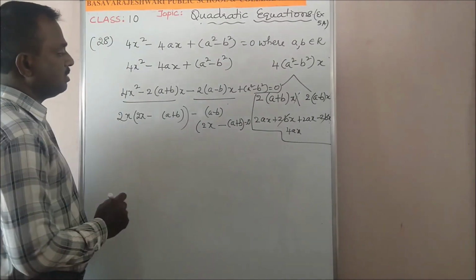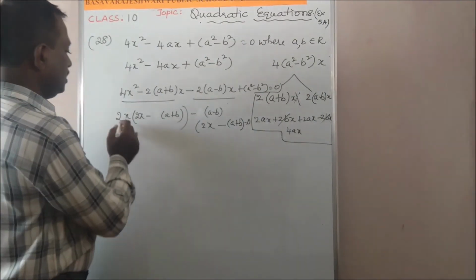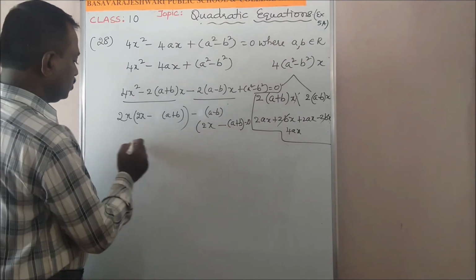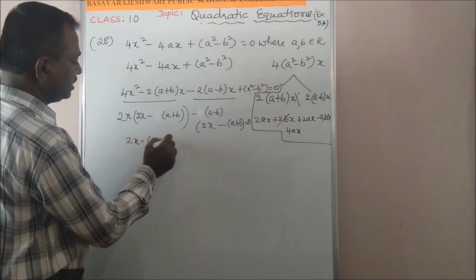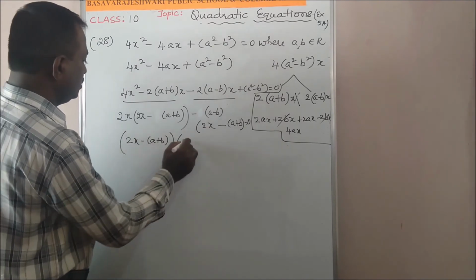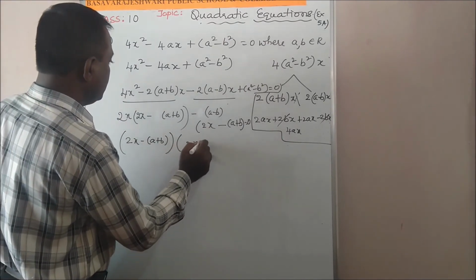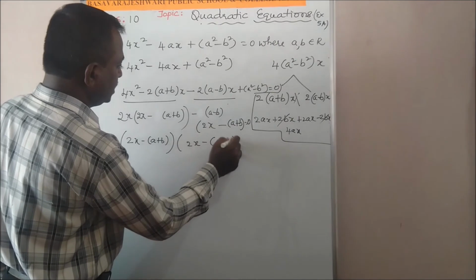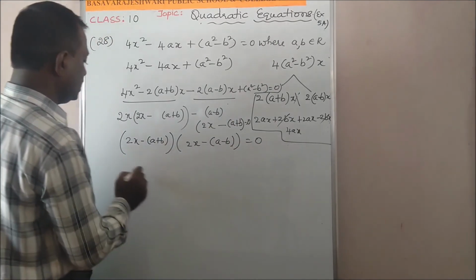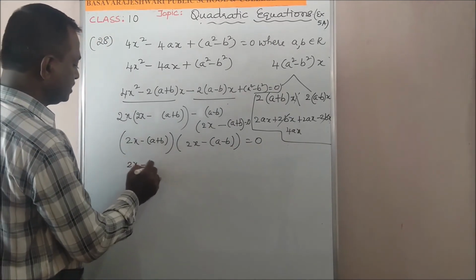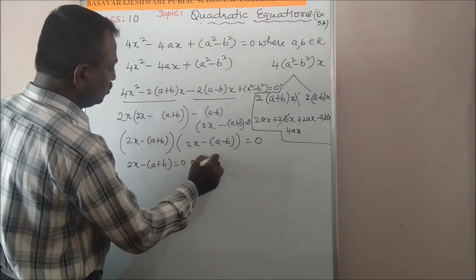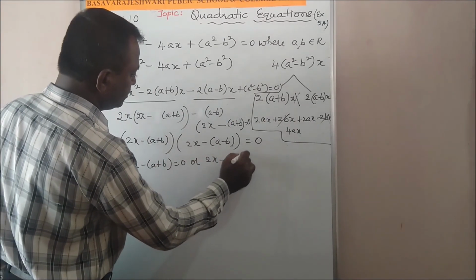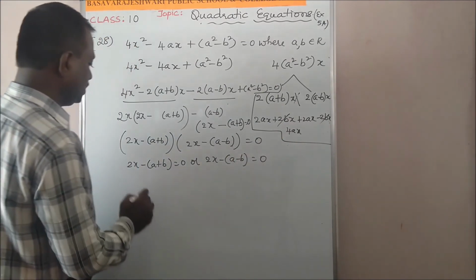So what happens now? So this is the common factor. 2x minus a plus b into 2x minus a minus b is equal to 0. Either 2x minus a plus b is equal to 0 or 2x minus a minus b is equal to 0.